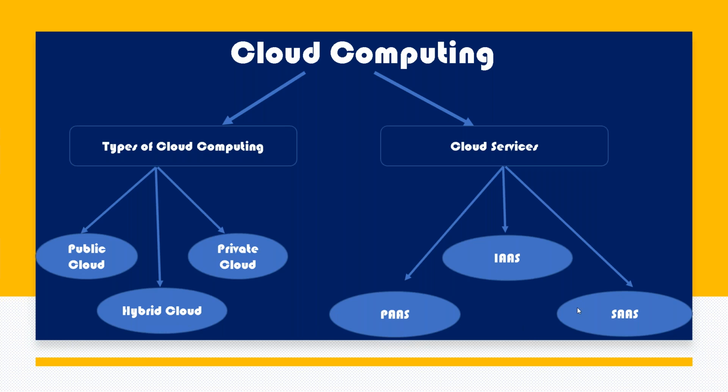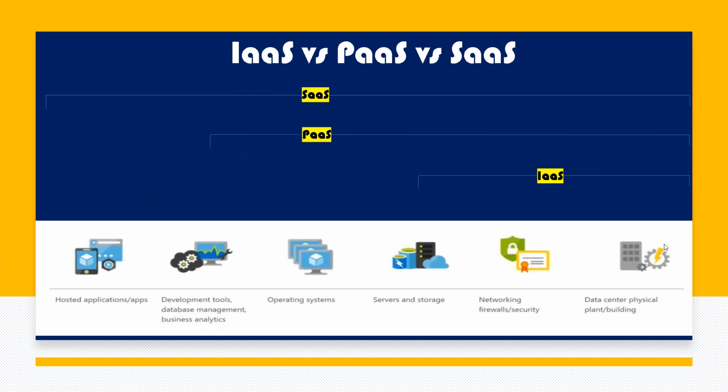So this is the structure. In IaaS, you will have only the infrastructure, with no software: the data center, physical plant, networking, servers and storage.